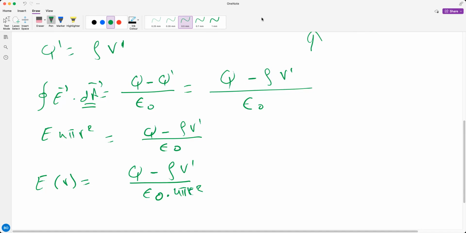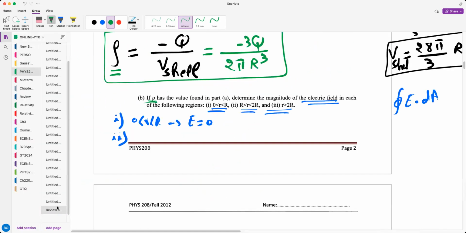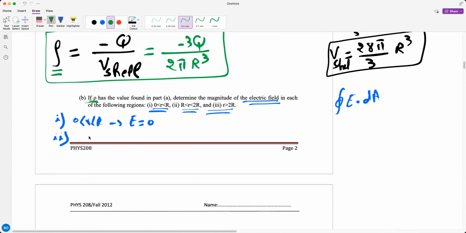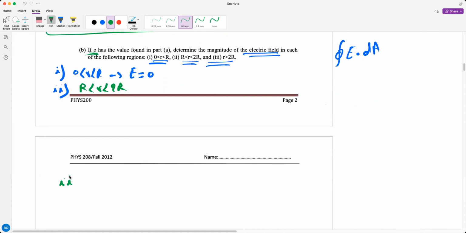Okay, so we solved the problem in this region between R and 2R. Now, what will be the electric field when r is bigger than 2R?